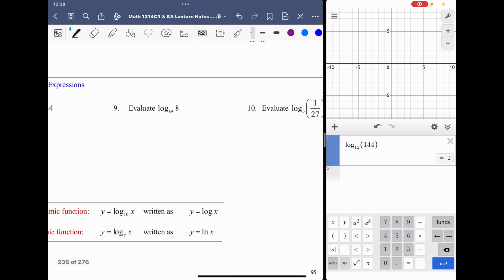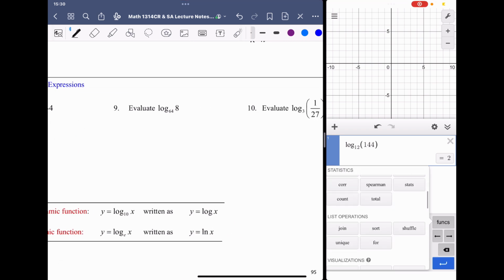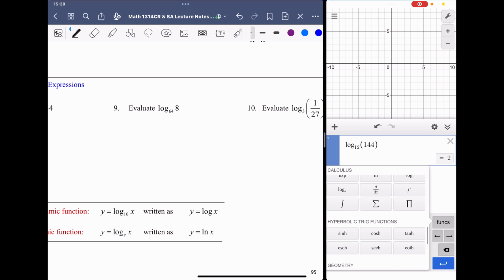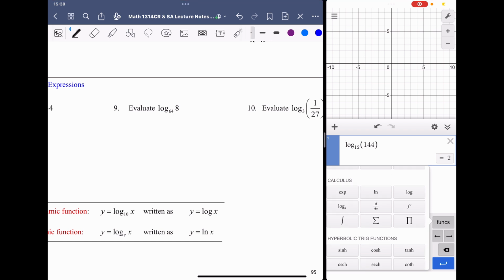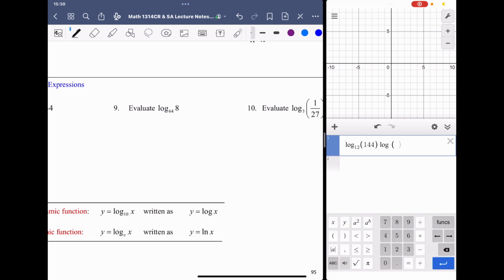That's under functions, and then you go calculus. It's like the second one, I think. Yeah, first one, second row. Press that again. Sorry. So your base is going to be 64. Or you can just keep on using it. Just erase that.